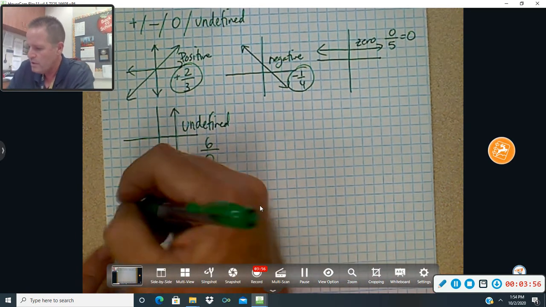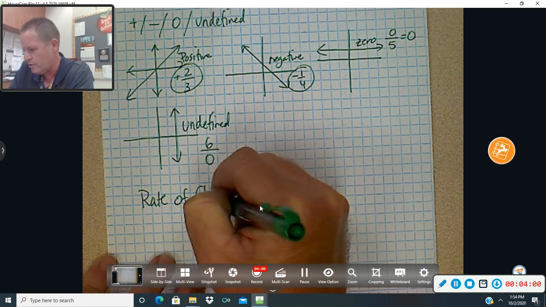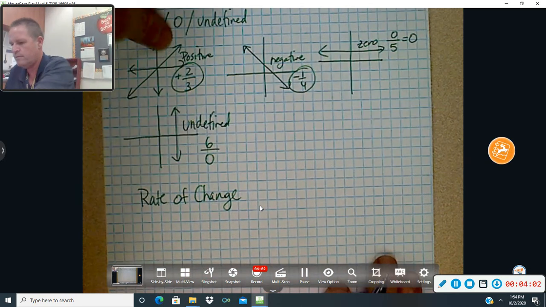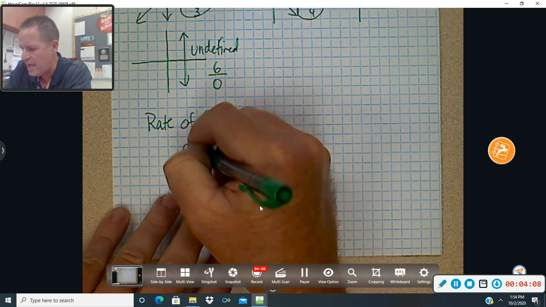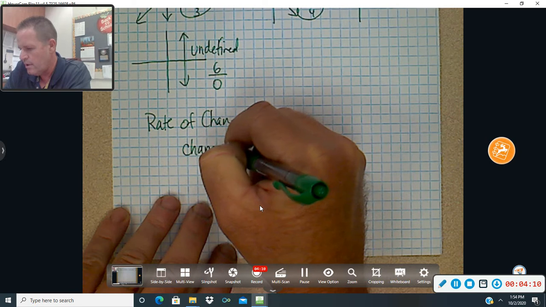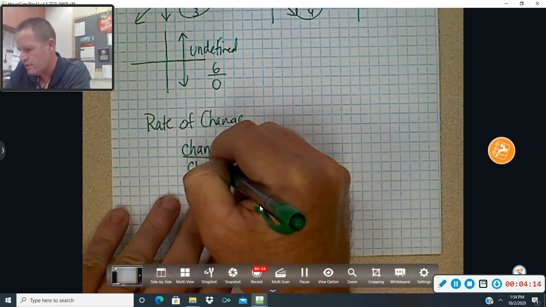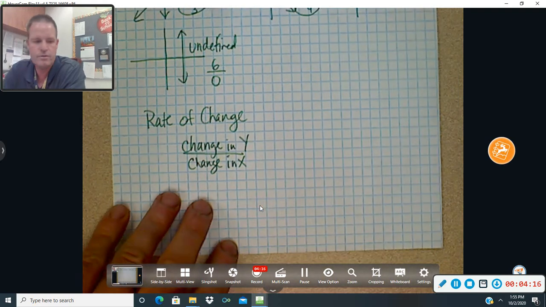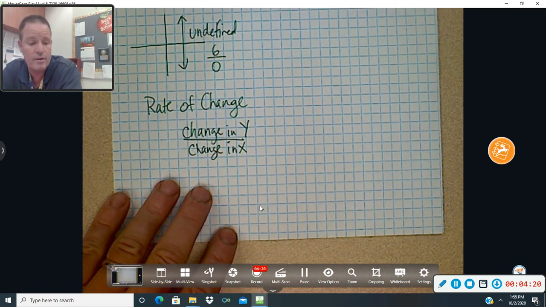Okay? Now, slope is a rate of change. You write it as change in y over change in x. We're gonna get a formula here in just a second.